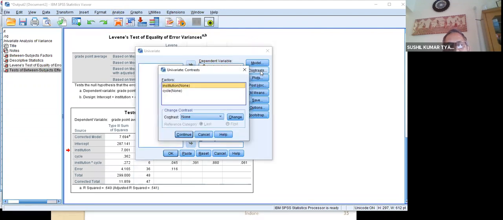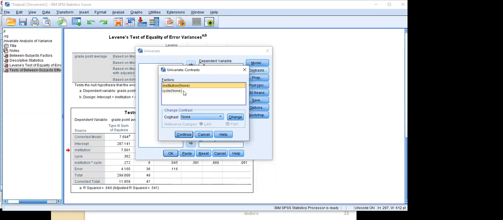Now contrast tests here are a bit different. You need not give coefficients and mention contrast 1, contrast 2, contrast 3, etc. But it asks you, do you want contrast for institution or for cycle? So the answer is we want contrast for the institution.